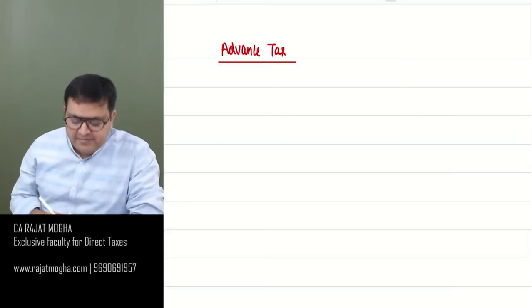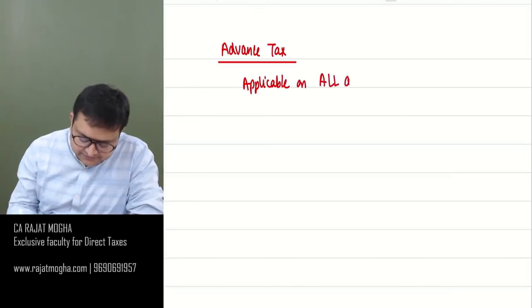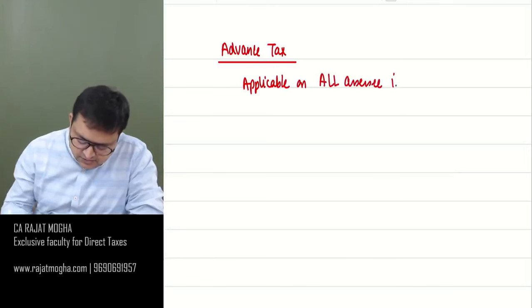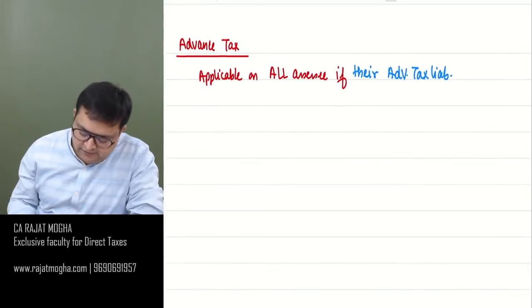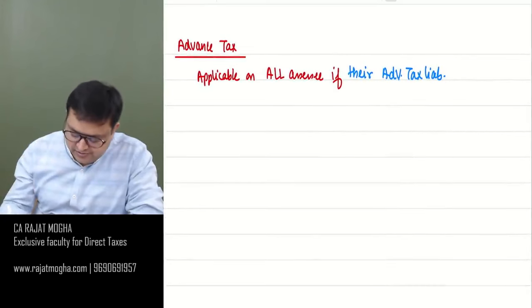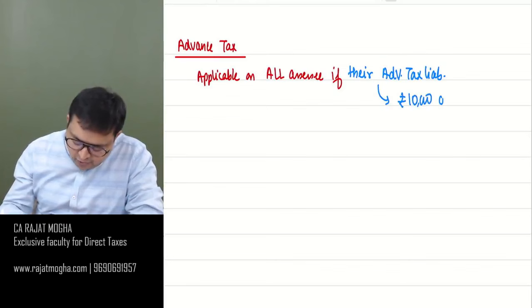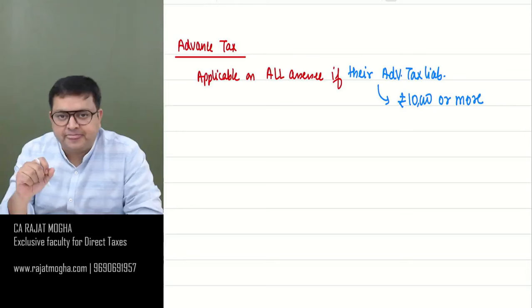Guys, advance tax is applicable on all assessees if their advance tax liability is rupees 10,000 or more. If their advance tax liability is rupees 10,000 or more, then it is applicable, right?